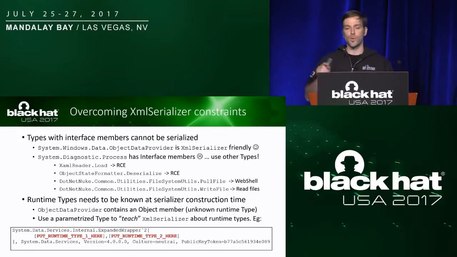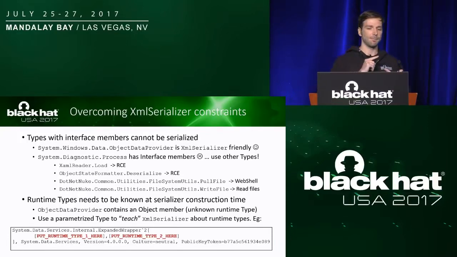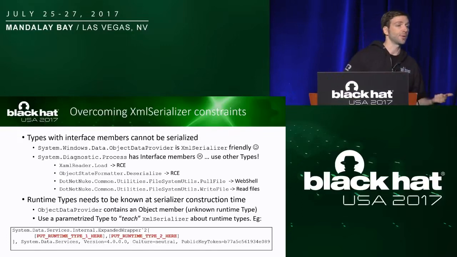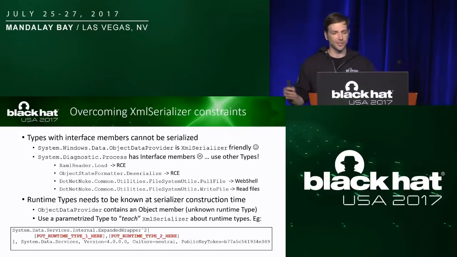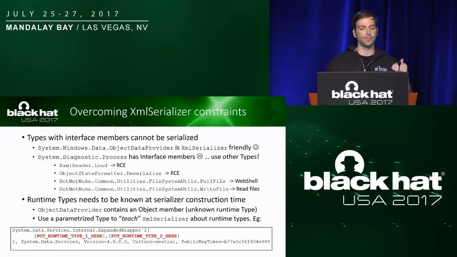However, if we want to invoke Process.Start, then we get our first problem, because Process contains interface members. As I said, XmlSerializer is very limited. It cannot serialize types with interface members, it cannot serialize types with System.Type properties, and has many other limitations. So we couldn't use Process.Start as the final gadget.